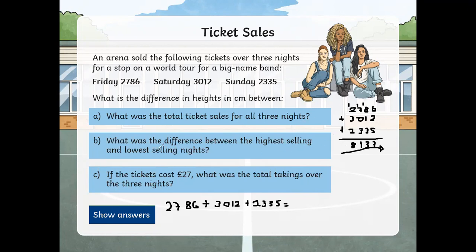Then question B, what was the difference between the highest selling and the lowest selling nights? So remember, difference is a subtraction. Where's the highest selling night? It looks like Saturday, and the lowest selling is Sunday.